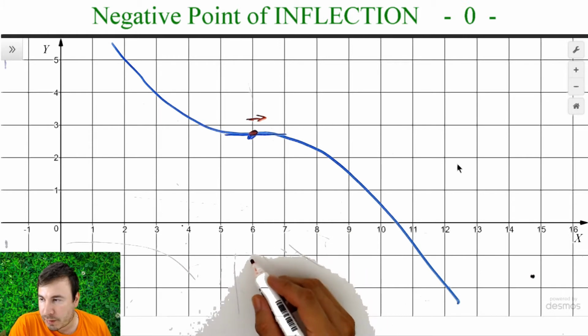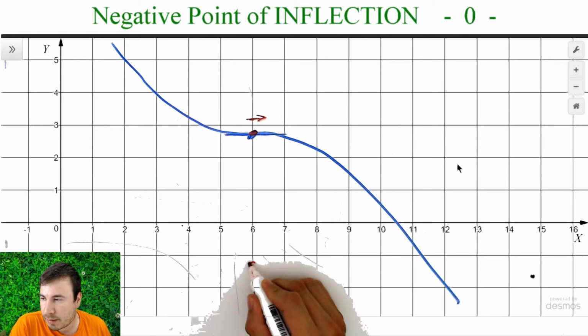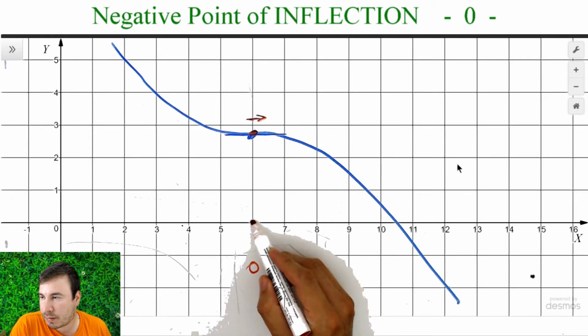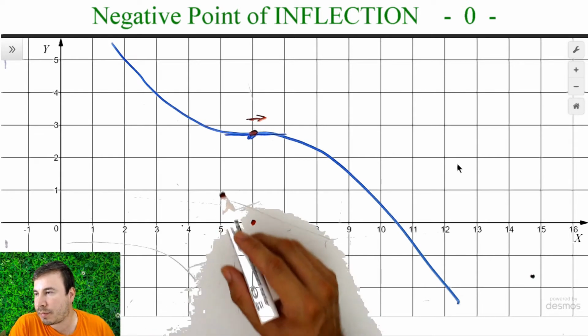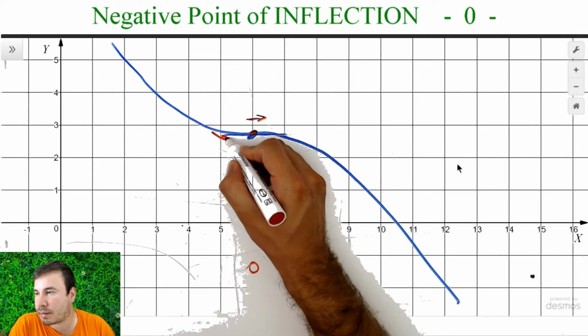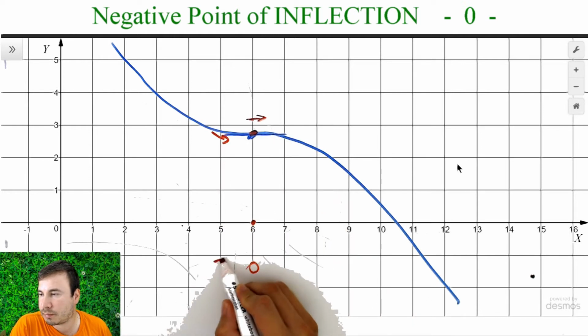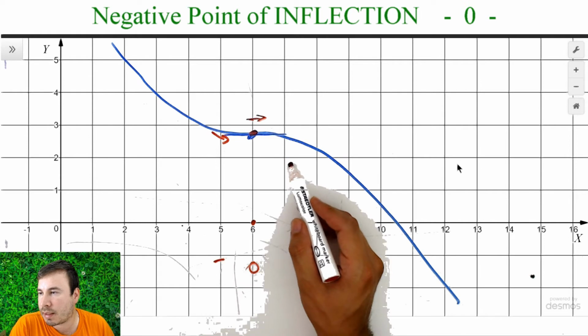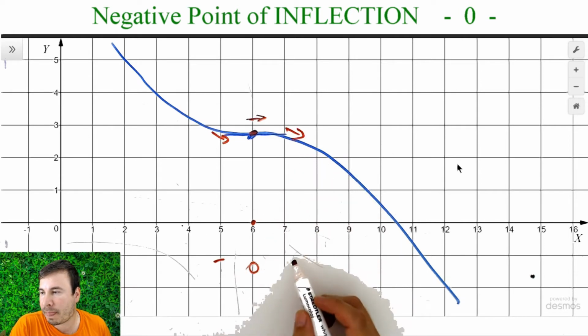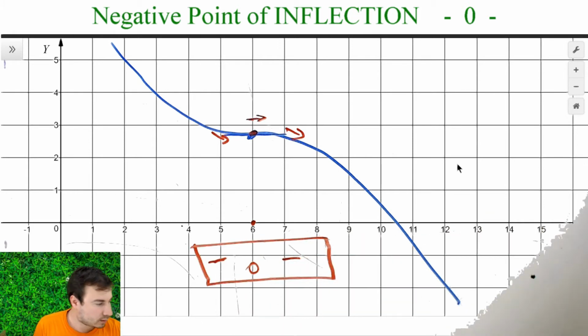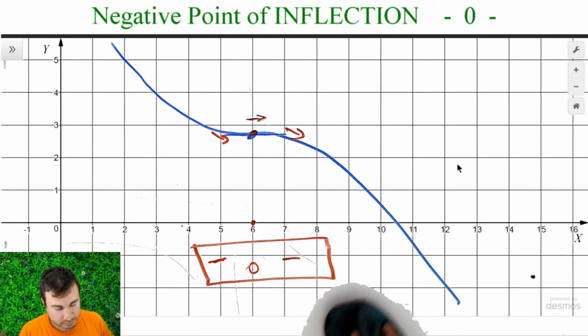The derivative of the function at that point is going to cross 0. If you take a step back, what's the slope of it? The slope is negative. If you take a step forward, the slope is also negative. Let's look at what the derivative of the function is.